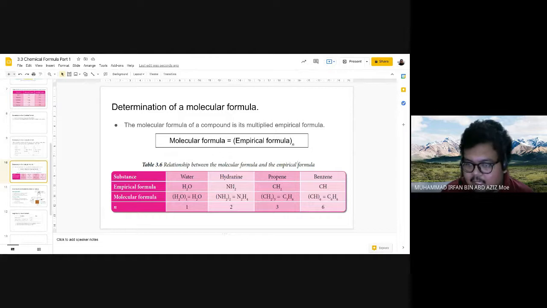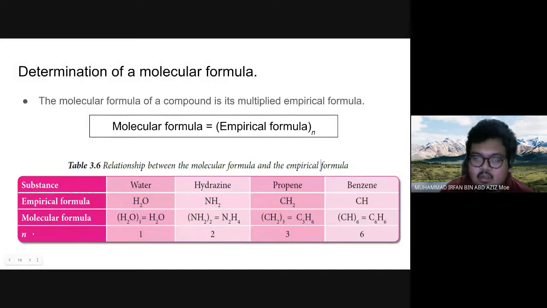Okay, and then about hydrazine just now. Everyone look at this. For hydrazine, the empirical formula is NH2, the simplest form. However, the molecular formula, the actual formula, is N2H4.